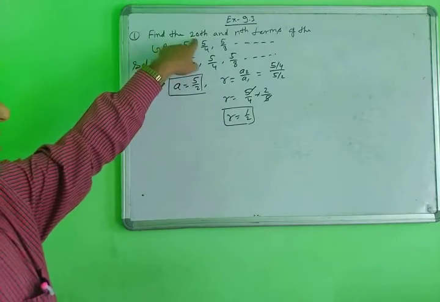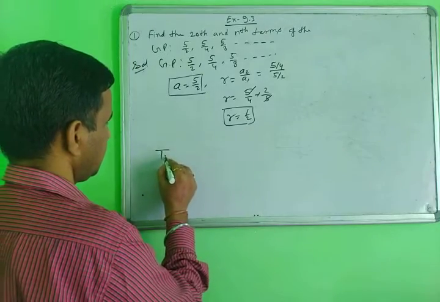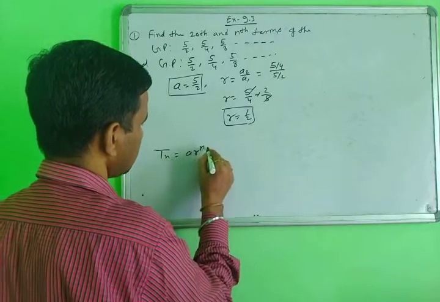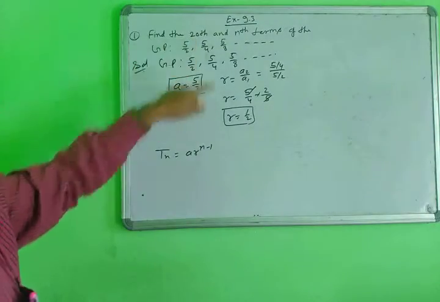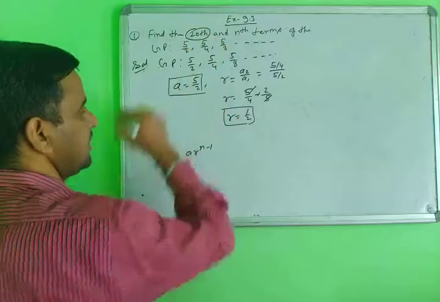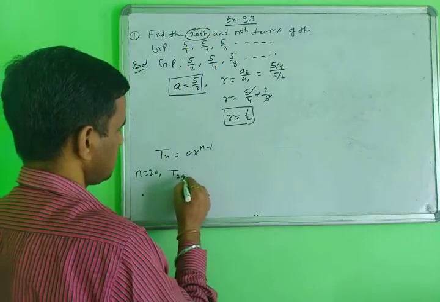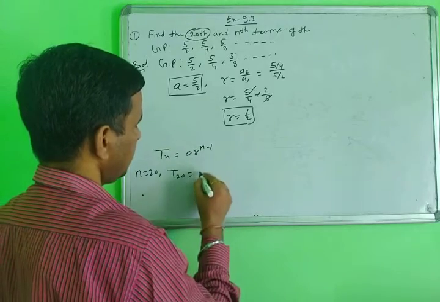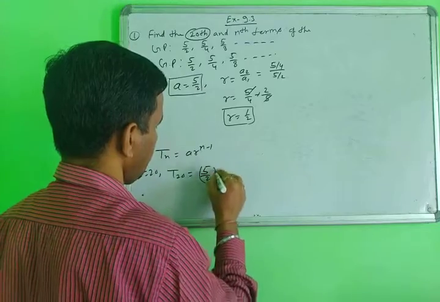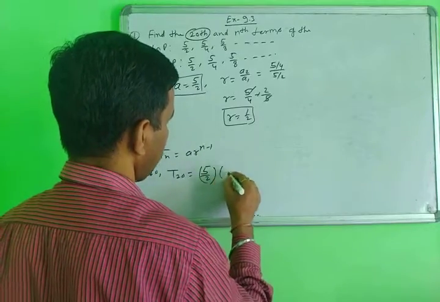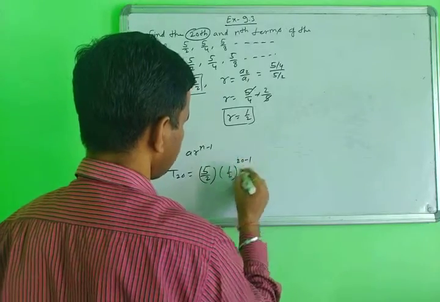First we will find the nth term of the GP: Tn equal to A R to the power n minus 1. And what is the value of n here? In the first answer, the value of n is 20. It means n equal to 20. So T20 equal to A, 5 by 2, into R, 1 by 2, exponent 20 minus 1.